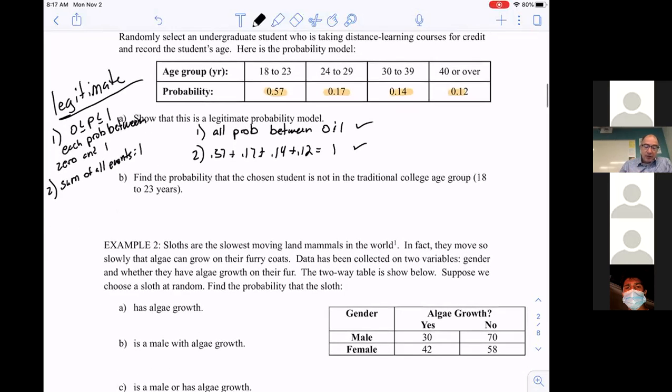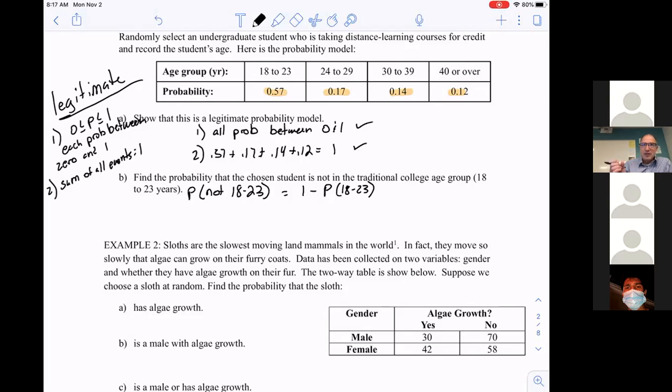Find the probability that a chosen student is not in the traditional age group, which is 18 to 23, okay? So the probability of not 18 to 23 is the same thing as 1 minus the probability that they are 18 to 23, okay? So I'm going to write out the notation because I think the notation is important to grasp and understand.